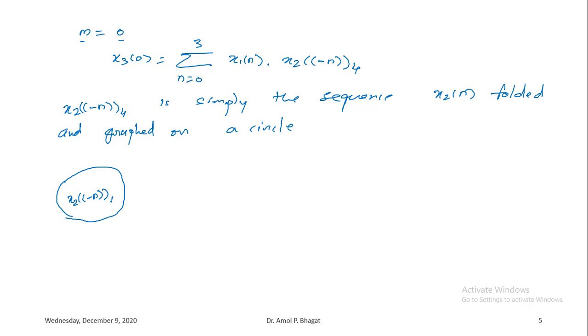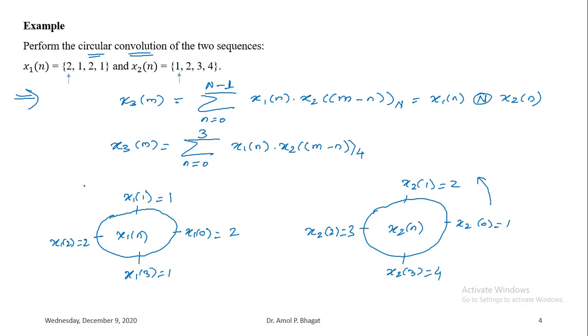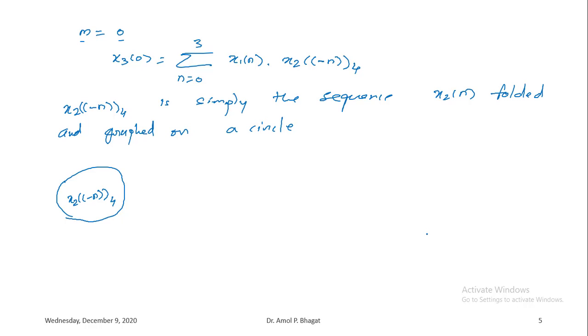To get the circularly folded sequence, simply graph the signal which we graphed in the counterclockwise direction, now in the clockwise direction. That is nothing but x2 of minus n.